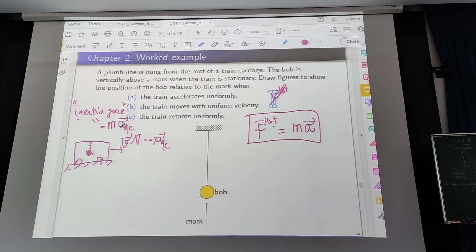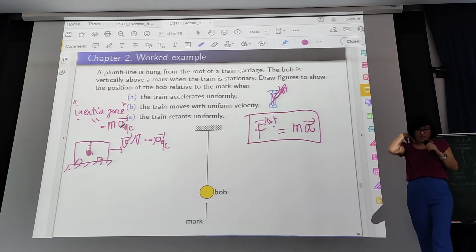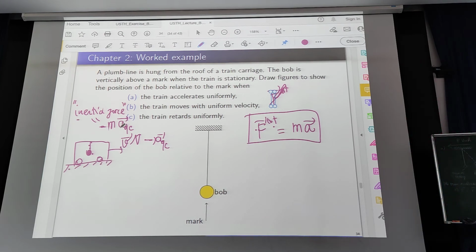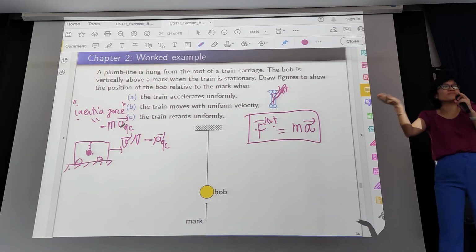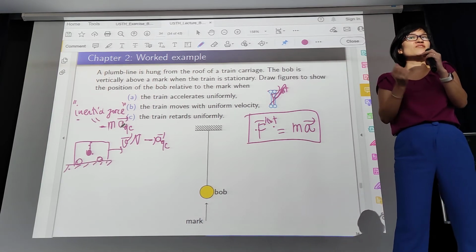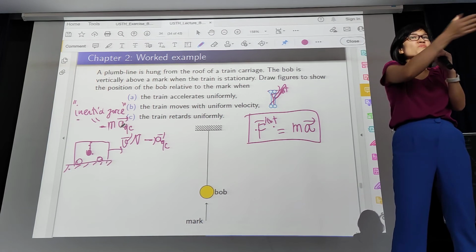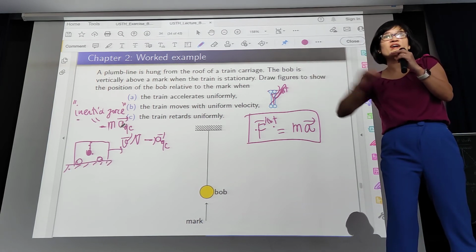So with the inertial force, we can explain the case when Lum is sitting on the motorbike. Initially the motorbike is at rest. And now he increases the velocity, and he leans back like this. Because the motorbike is moving and accelerating, the acceleration of the motorbike goes to the right.